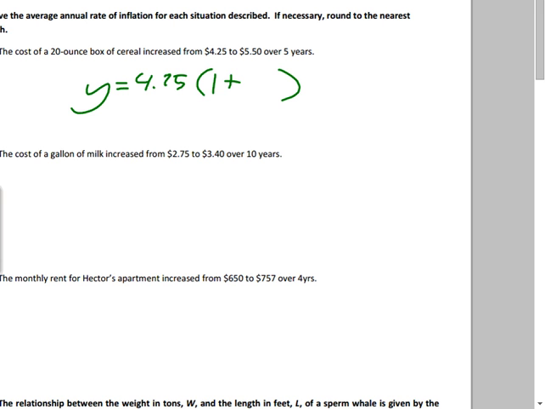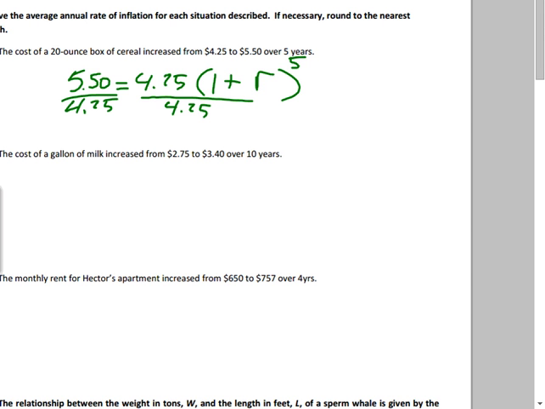Do I know the rate? No. Put an R. And then what do I put the exponent to? 5. And the one thing that didn't have a home until today was the end value, the current price, 5.50. Then you solve this little equation. Remember to always start by dividing by the number in front of the parentheses, 4.25.